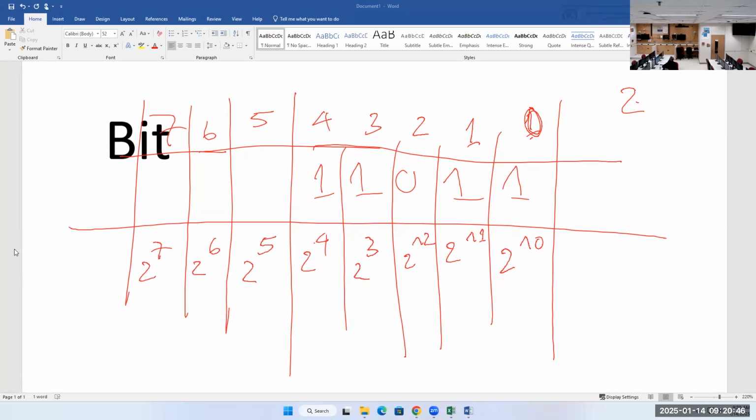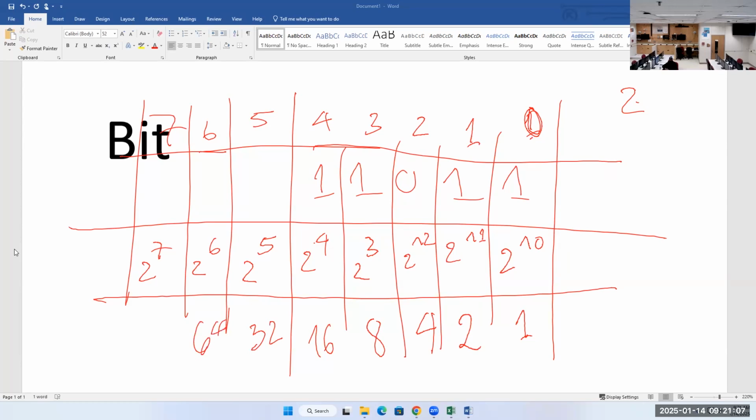So you have 8 bits. 2 raised to the power 0 is number 1. You double it, you have 2, then 4, 8, 16, 32, 64, and 128.